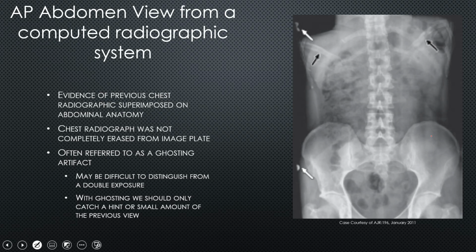The chest radiograph was not completely erased from the plate that's in the cassette. This is a little different from a double exposure, but this is known as a ghosting artifact because the image was fed into the computer receptor and picked up, but it wasn't completely washed away. The chest radiograph, I mean.